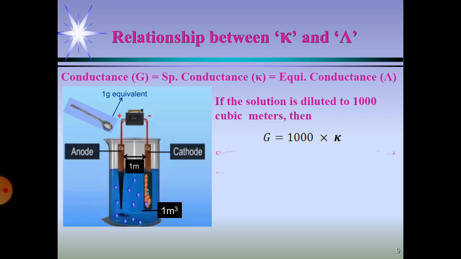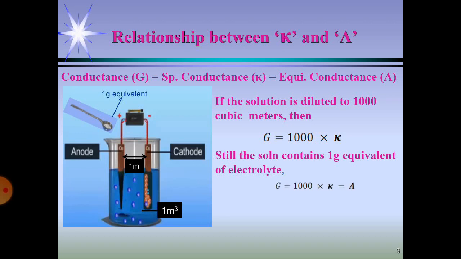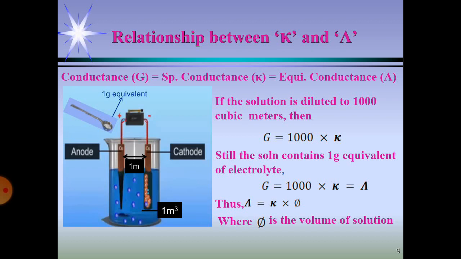But still remember, I have only 1 gram equivalent of the electrolyte. Therefore, G is equal to 1000 into kappa, which is equal to lambda. In general, I could write G is equal to V into kappa, that is, the volume of dilution into kappa is equal to lambda. Therefore, lambda is equal to kappa into V, where V represents the volume of the solution containing the electrolyte.